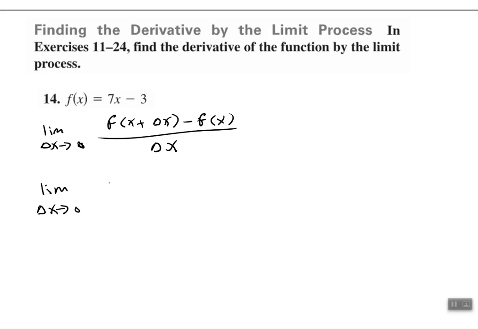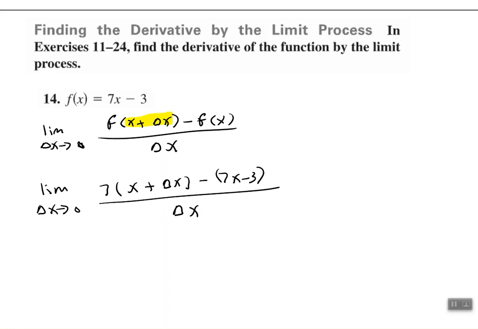All right, so the function is 7 times x. In this first part, we will replace the x with x plus delta x, and then minus f of x, minus that entire function, which is 7x minus 3, all over delta x.